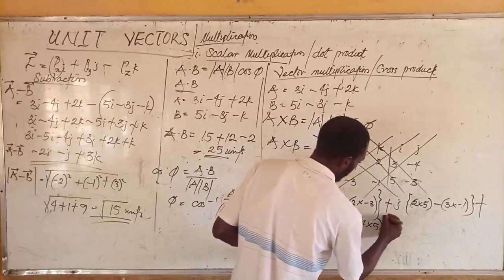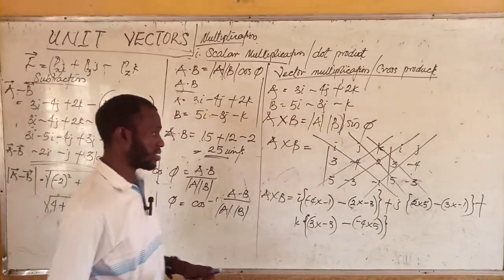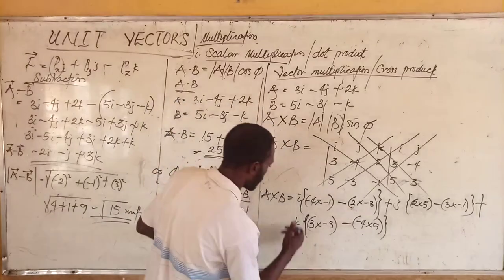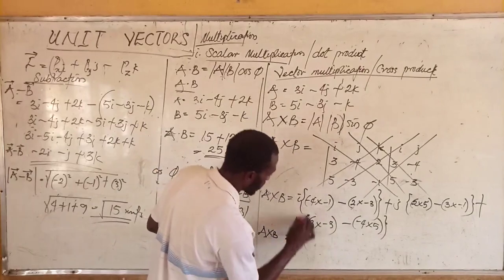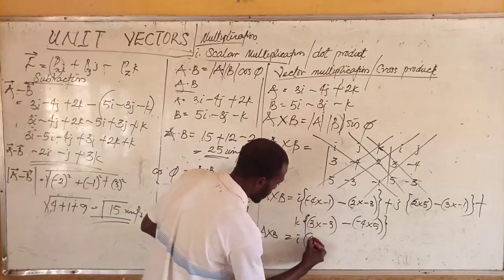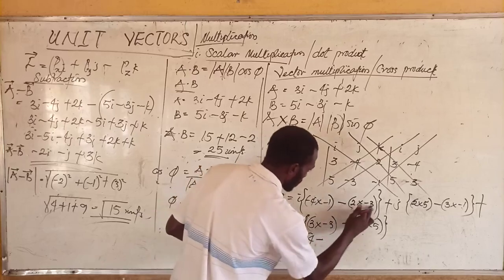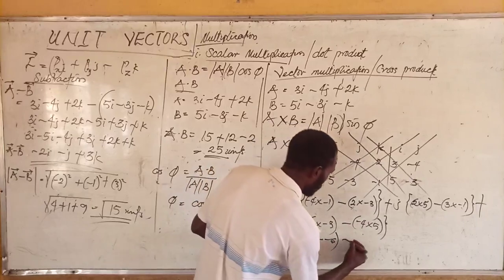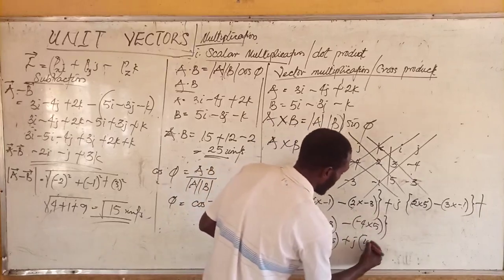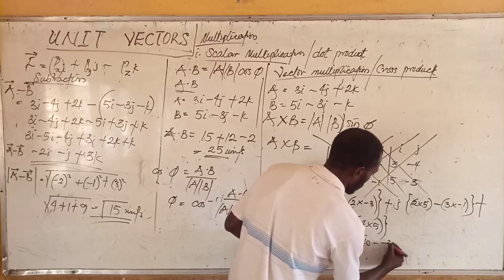Just follow me step by step, and I promise you're going to get it really well. So we now have A cross B, therefore, becomes I into bracket -4 times -1, that is 4, minus, this times is -6. You can write it there. Then plus J into bracket 10 minus -3.